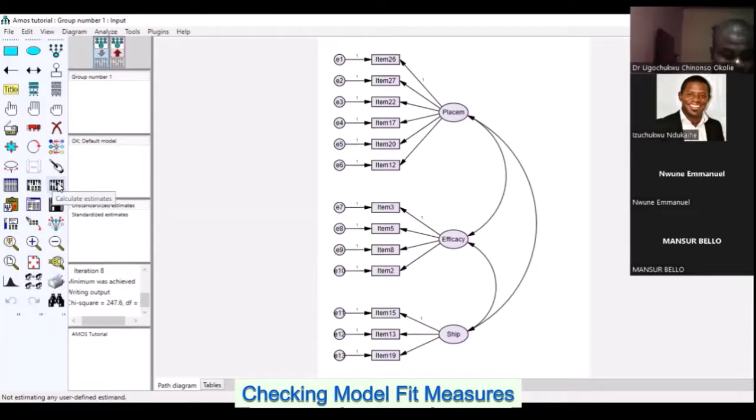When you click on calculate estimate, it runs, and the view the output bar will shine. You can see it's alive now. So you can see these are the outputs. You have the unstandardized and you have the standardized output, right?